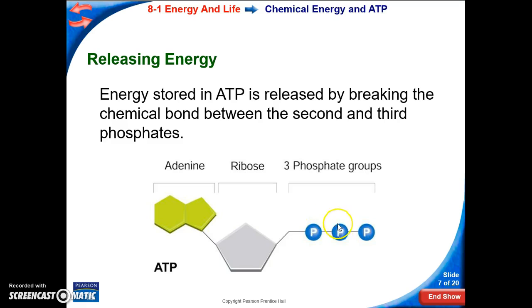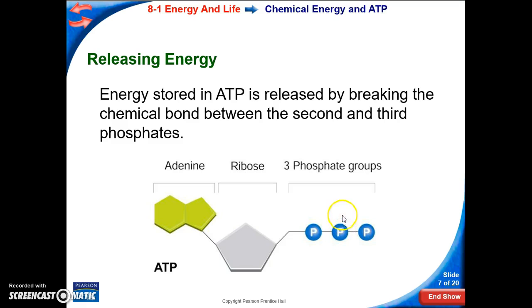These phosphate groups are actually a phosphorus with 4 oxygens attached to them, and those oxygens are very electronegative, so they generally tend to have a negative charge. Oxygen, as you'll remember when we talked about water, is always trying to attract electrons, so it does a good job of that. But when you put a lot of similar charges together, a negative charge next to a negative charge, they repel each other.